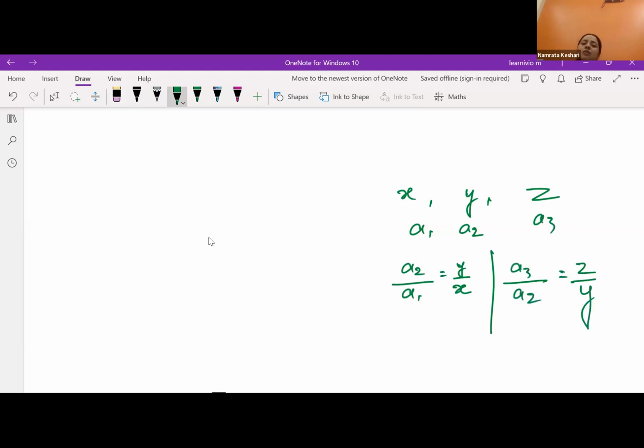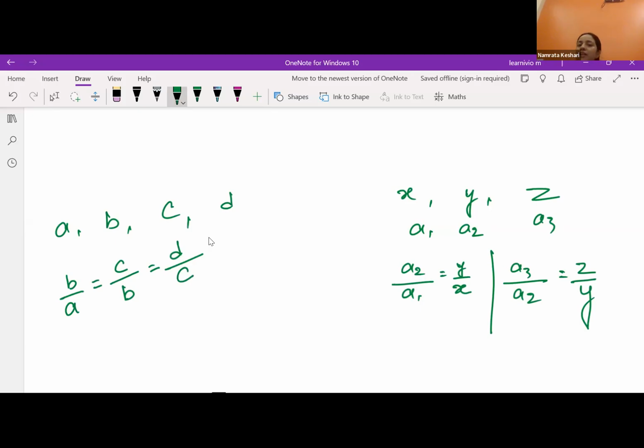If that is the case, then only we can say it is in GP, right? Yes, ma'am. If I tell you that A, B, C, D are in GP, that means B by A must be the same as C by B, must be the same as D by C. Yes or no?